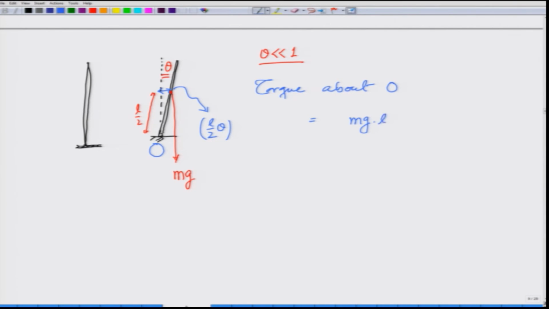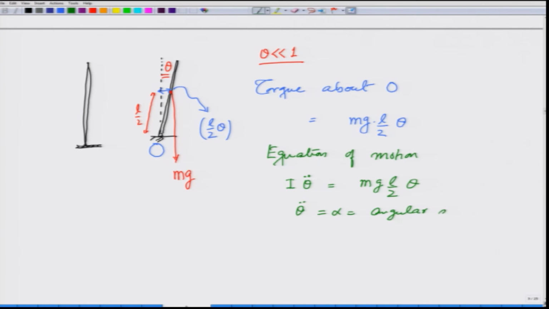So it is mg L by 2 theta, and therefore the equation of motion tells me that I theta double dot is going to be equal to mg L by 2 theta, where theta double dot is alpha, angular acceleration.